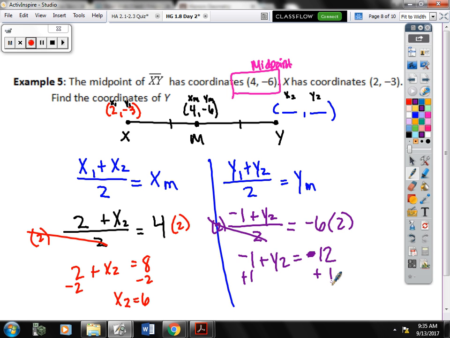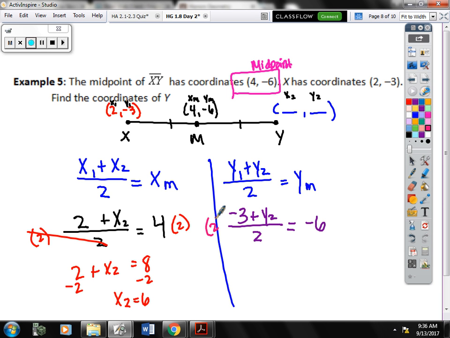Oops, I copied the wrong number. Let's go back. Where did I get negative 1? Our y1 is negative 3. So let me change that. That's my mistake. So we have (y1 + y2) divided by 2 equals y sub m. Now it looks a little bit better.